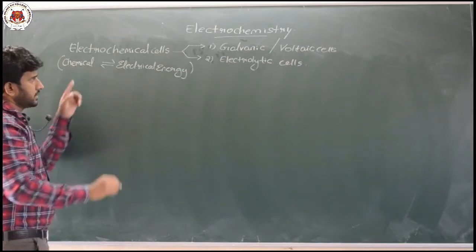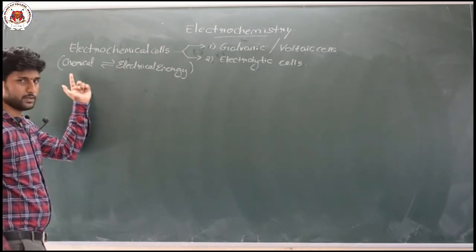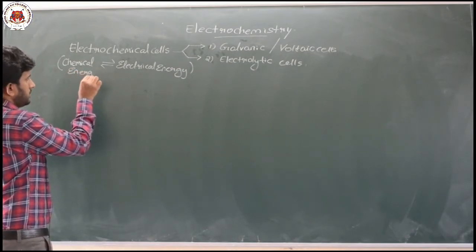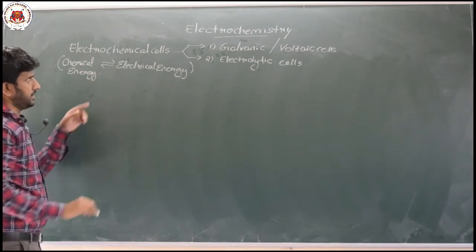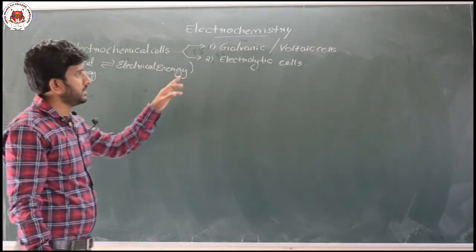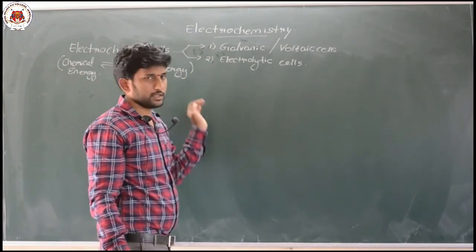That is, chemical energy can be converted to electrical energy, and electrical energy can be converted to chemical energy. Such types of cells we commonly call electrochemical cells. Now we divided them into two types, galvanic or voltaic, and electrolytic.